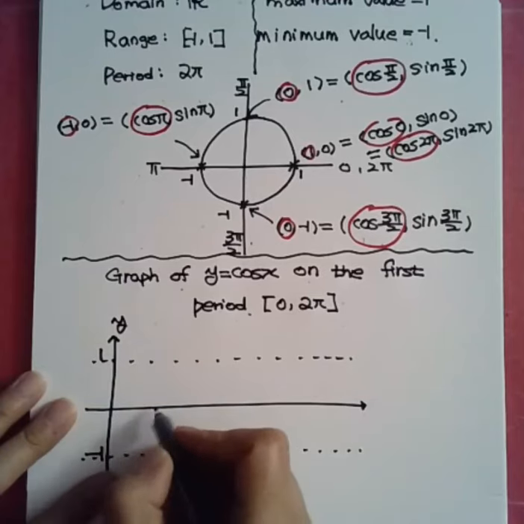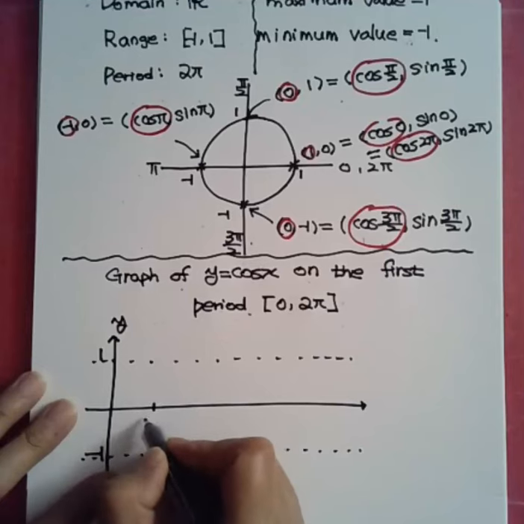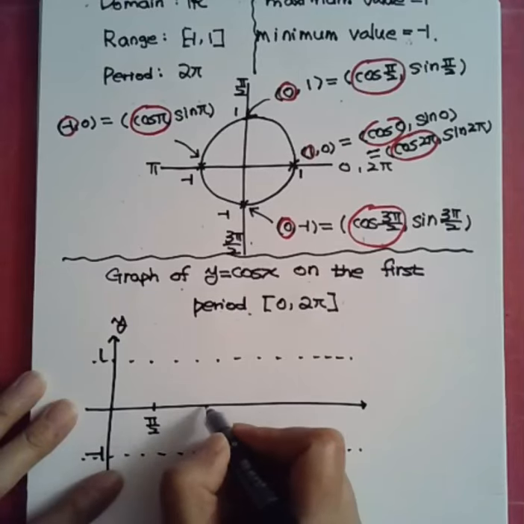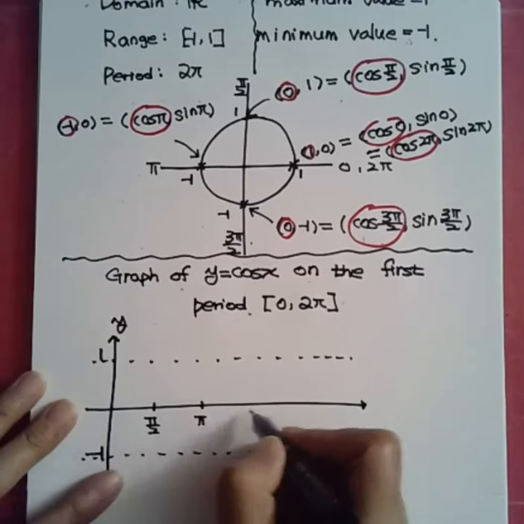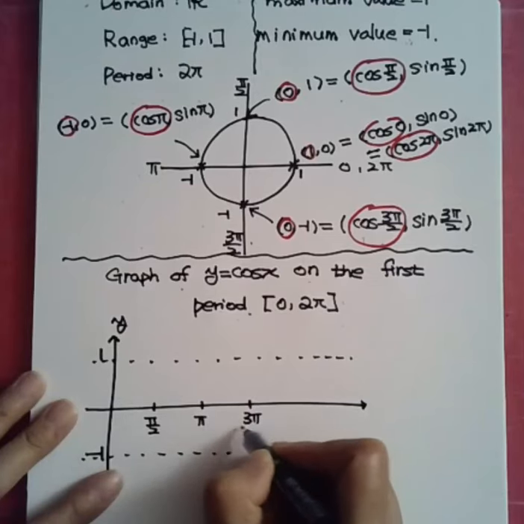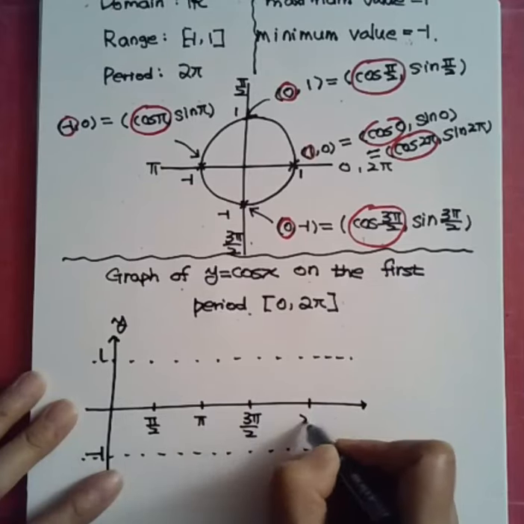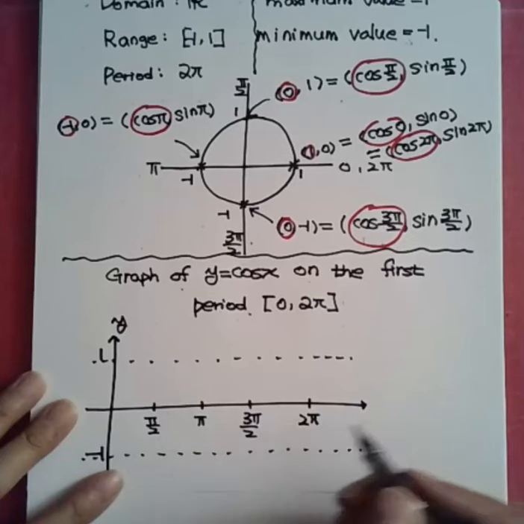The benchmark will be again the values where cosine becomes 0, maximum or minimum. Those will be 0, pi over 2, pi, 3 pi over 2, and 2 pi. That is one cycle.